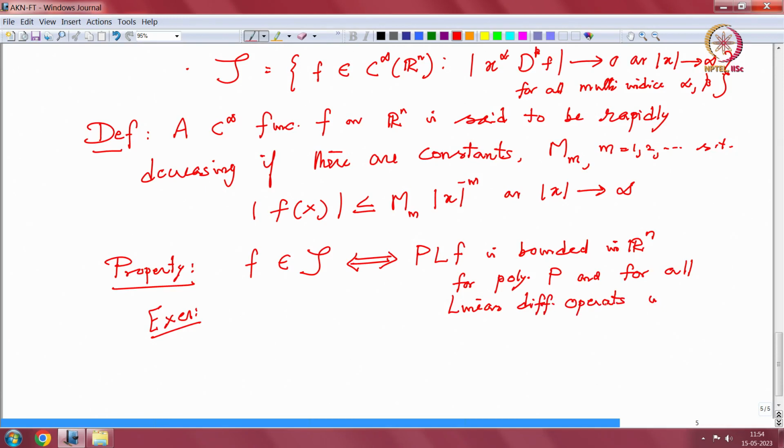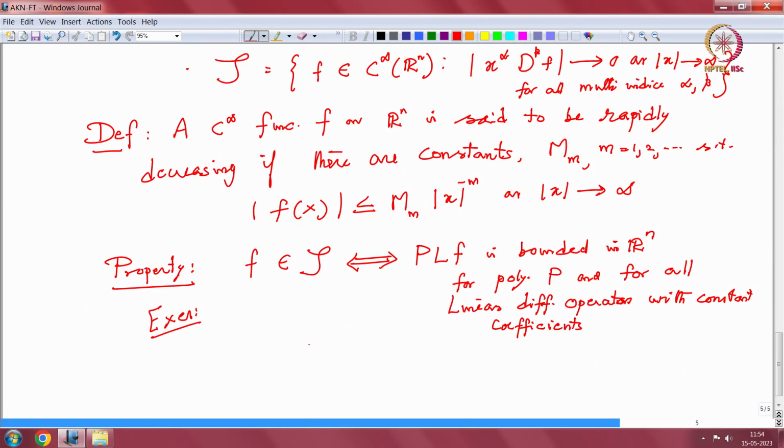These are all almost trivial, but it is important to write down and learn it. That means the sum of a_alpha D to the power alpha, mod alpha less than or equal to m. P is the polynomial.